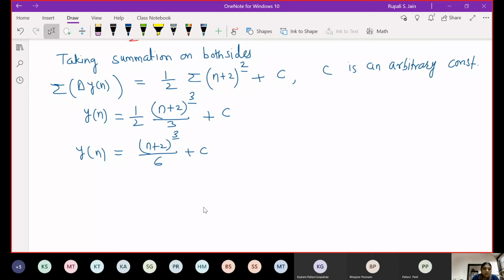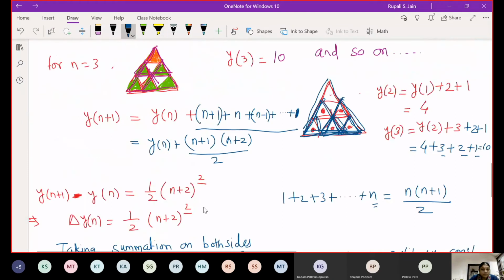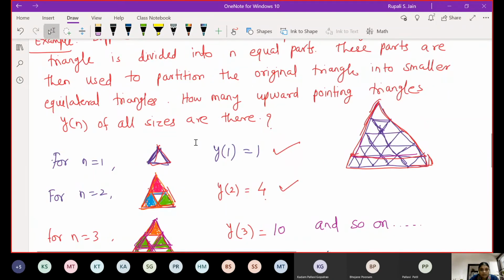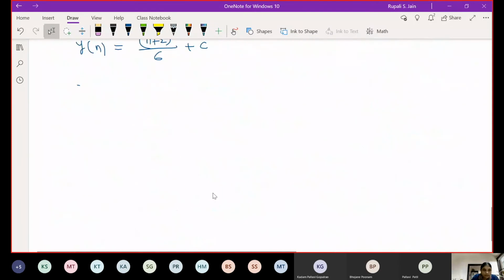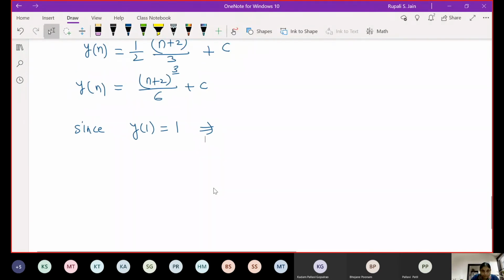Yes, ma'am. Now I want to find this c. How can I find this c? I have y at 1 equal to 1, the initial condition. Since y at 1 is equal to 1, what is my c? 1 plus 2 to the 3 falling divided by 6 plus c is nothing but 1.